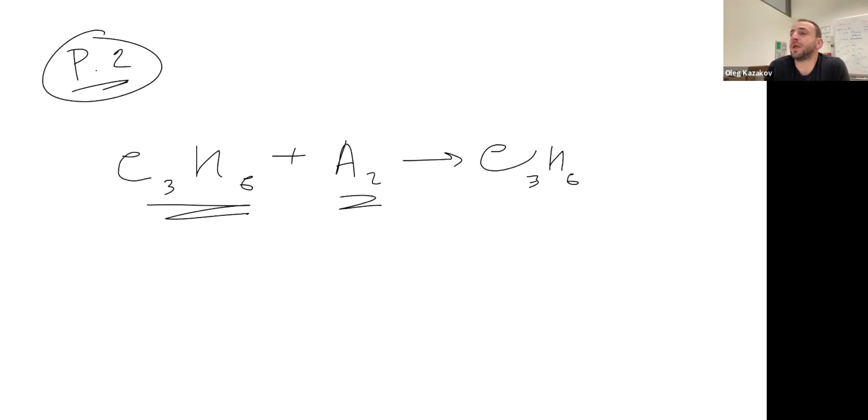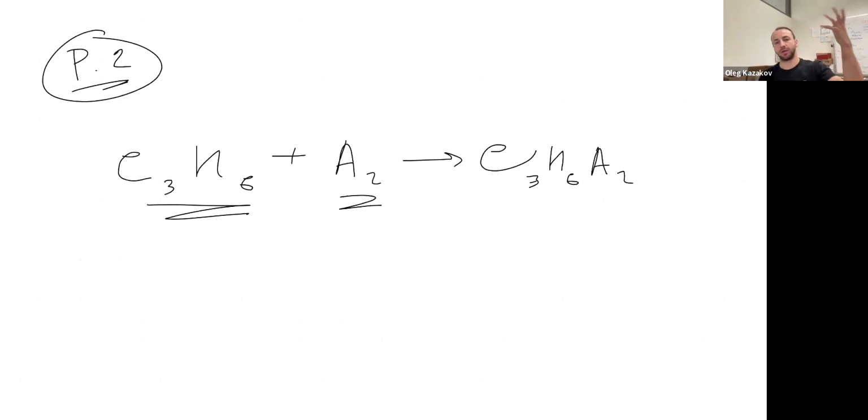Examples are plentiful. You're going to have the general structure C3H6A2 from the molecular formula point of view. As you see, nothing disappeared, nothing was cut out from the organic molecule C3H6, everything was preserved. Then basically you have the addition of the two molecules. That's what the addition reactions are about.